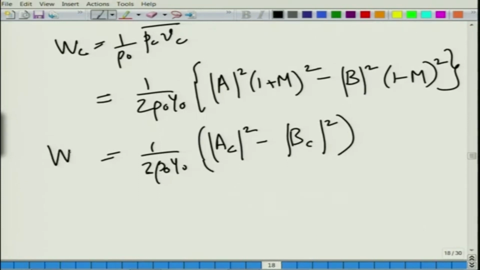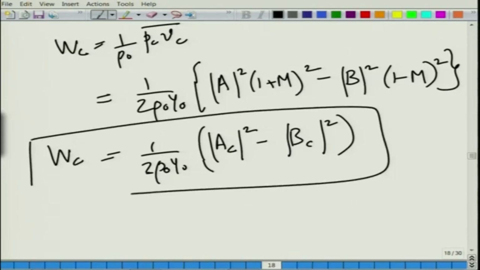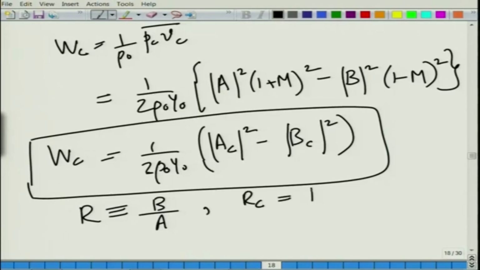We have Wc given in terms of the convective state variables. As usual, reflection coefficients were defined in week 3 or 4 as B by A, and now the convective reflection coefficient, it is natural to see that it is defined as BC by AC, is it not?